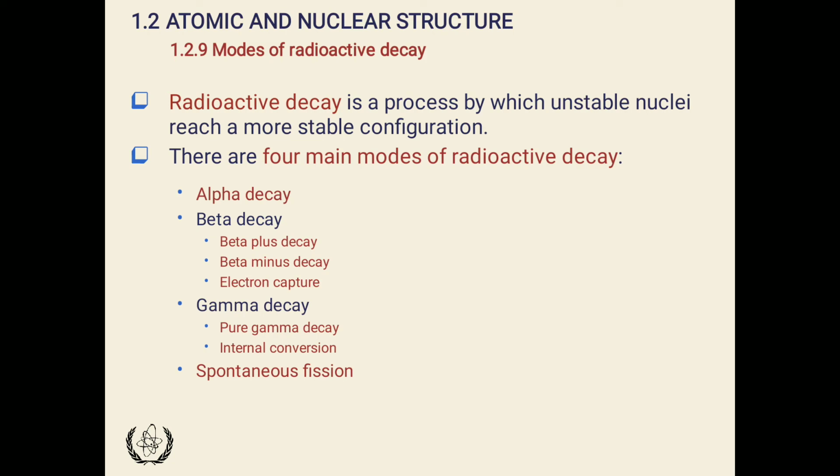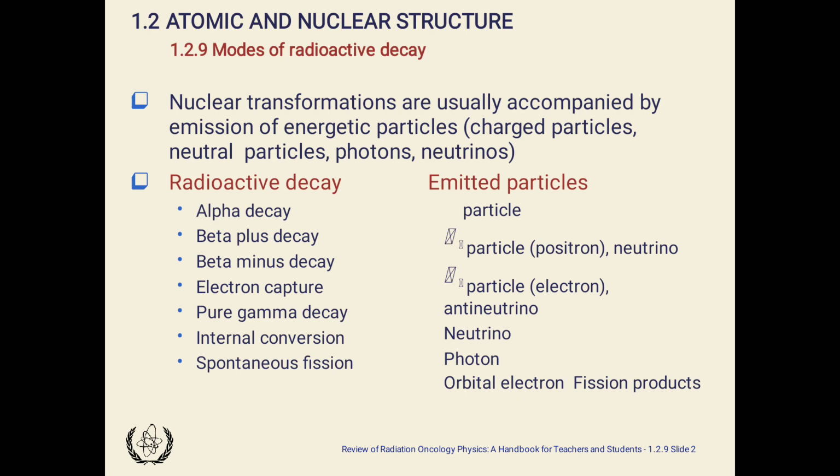Radioactive decay is a process by which unstable nuclei reach a more stable configuration, and there are four main modes of radioactive decay. First is alpha decay, second is beta decay, third is gamma decay, and fourth is spontaneous fission. Nuclear transformation is usually accompanied by emission of energetic particles, that is charged particles, neutral particles, photons and neutrons.